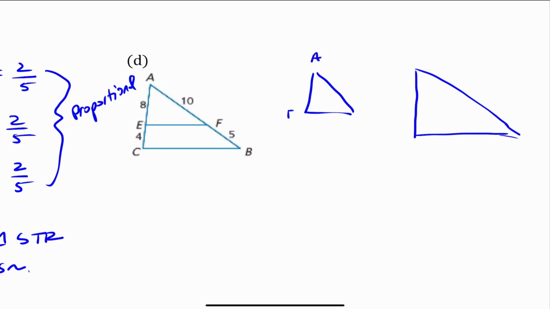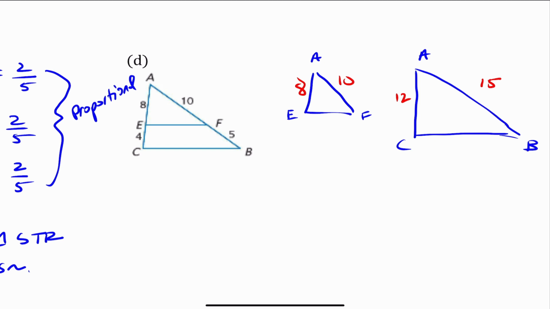So this is AEF. And then here we have ACB. So AE is 8. AF is 10. And we don't know what EF is, so we're going to leave it be. But for the bigger triangle, AC is 8 plus 4, that's 12. And then AB would be 10 plus 5, that's 15.